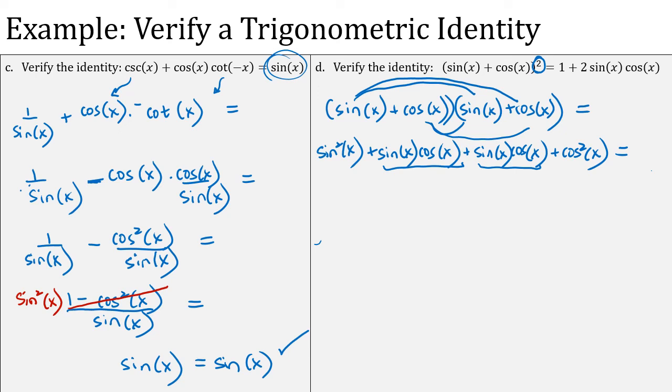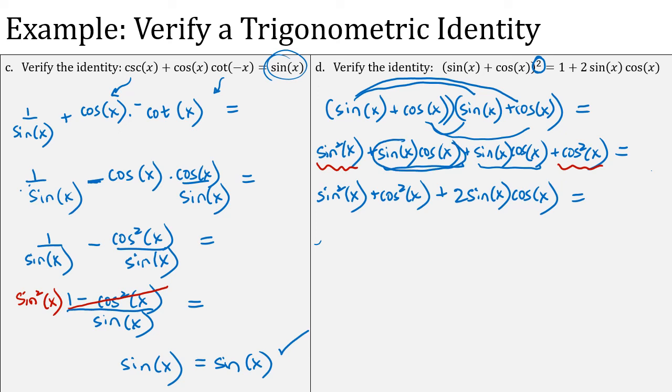But a good thing came about. Sine squared x and cosine squared x, right? Addition is commutative, so let me just rewrite this as sine squared x plus cosine squared x plus sine of x times cosine of x. Now we've got two of those, don't we? Those are like terms. This piece is one of those, and this piece is the second one. That's where that 2 is coming from.